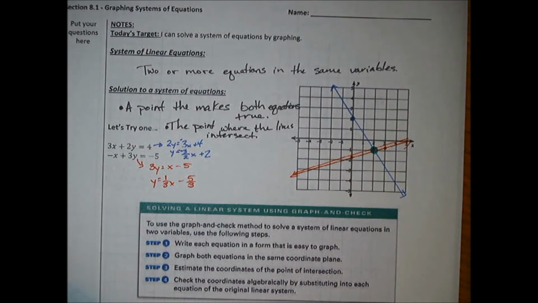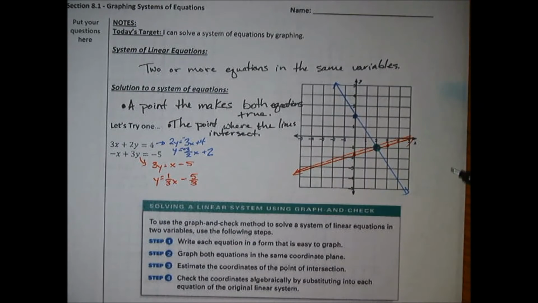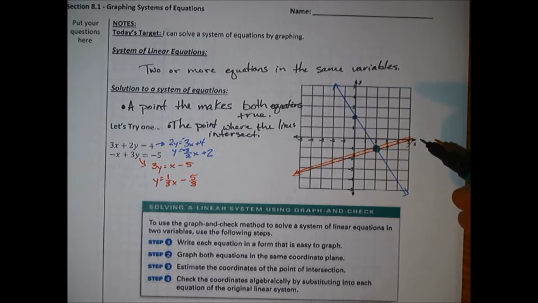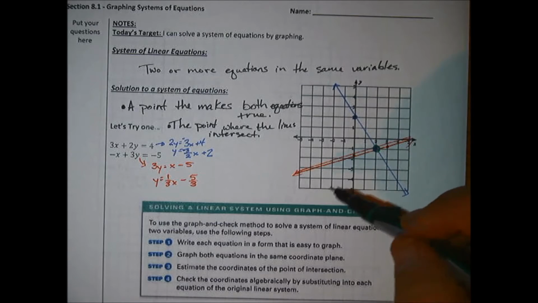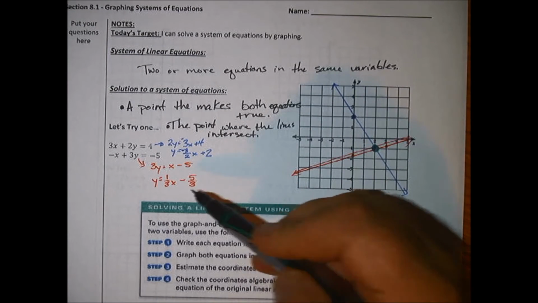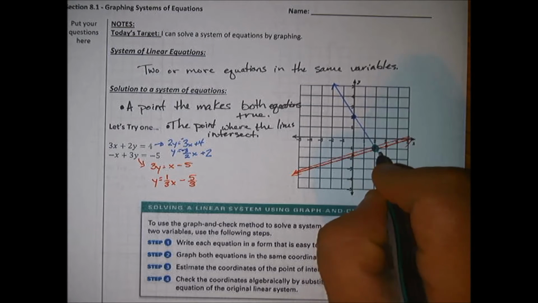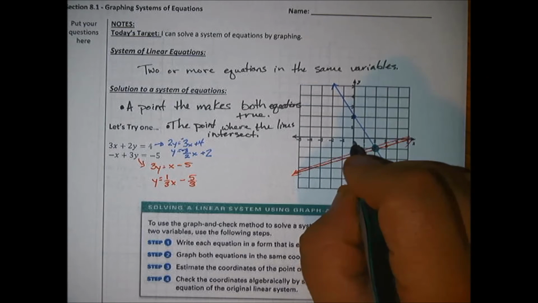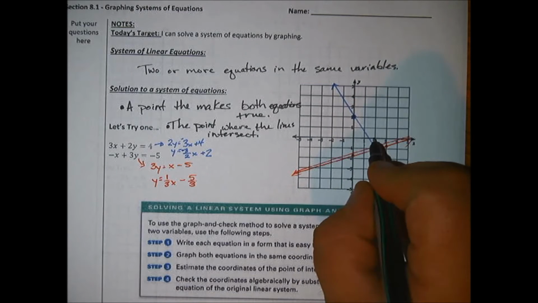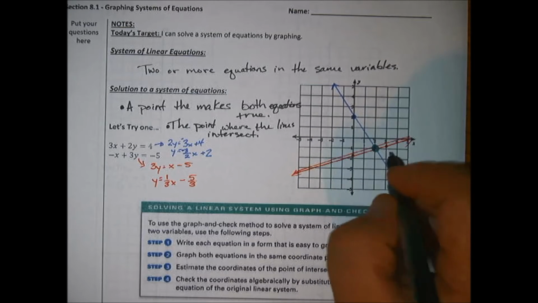It kind of looks like they do. And for today, if you're stuck with fractions, especially fractions on the y-intercept, you can go ahead and round your intersection point to whatever's easiest. But it looks like they meet at positive 2, negative 1.